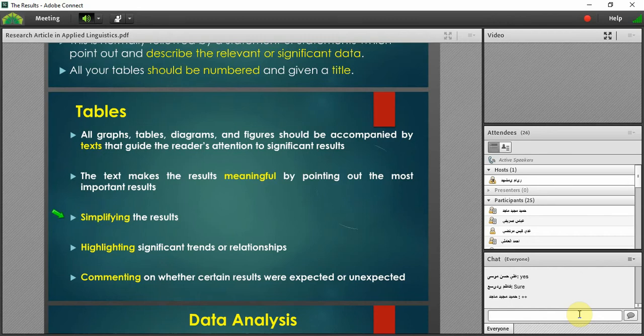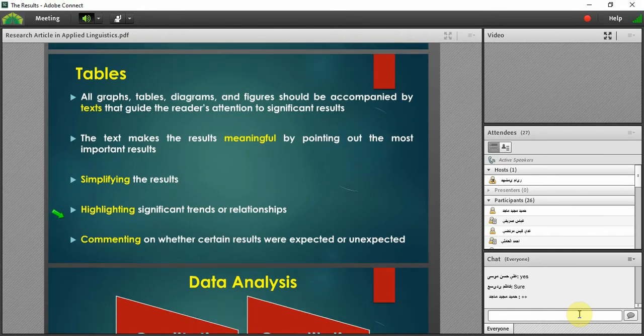Only present the data in tables and add some text after the tables only to simplify the findings and highlight the significant trends. We do not need any reasons for the findings. Providing reasons and justification is for the discussion section. Today we are talking about the results section. It's very clear, okay?